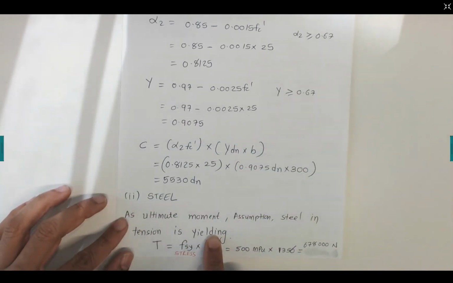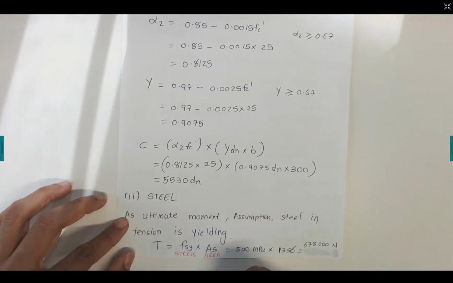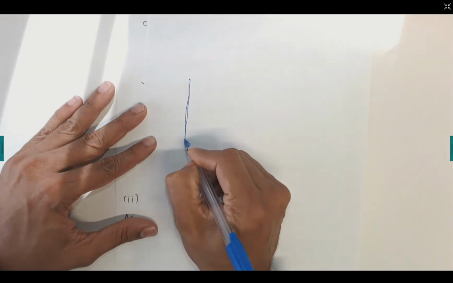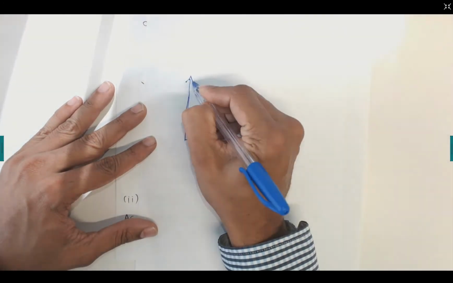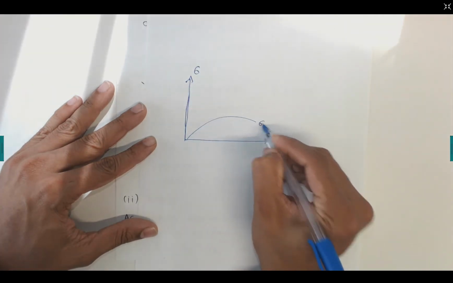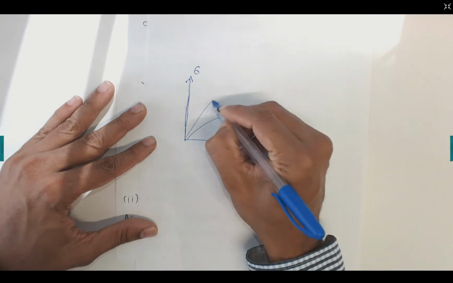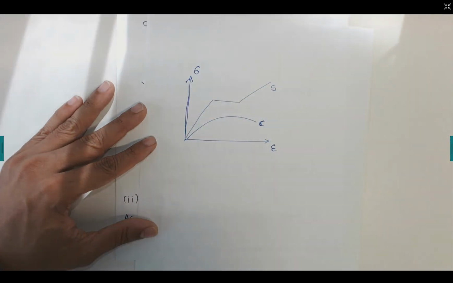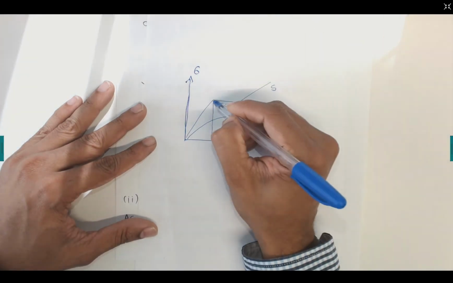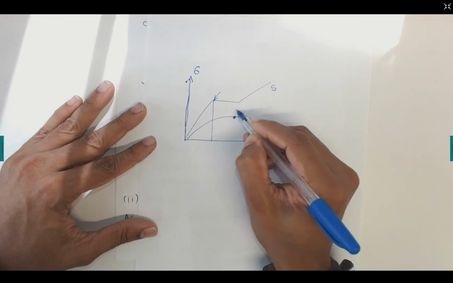So the steel should be yielding. We can't use this equation if the steel doesn't reach the yielding point. Let me take an example and explain in more detail. If I draw the stress-strain curve for steel and concrete, with strain and stress axes, and I draw the concrete one here and the steel one here, the yield point of the steel should be reached first, and then this point is reached, so this is correct.